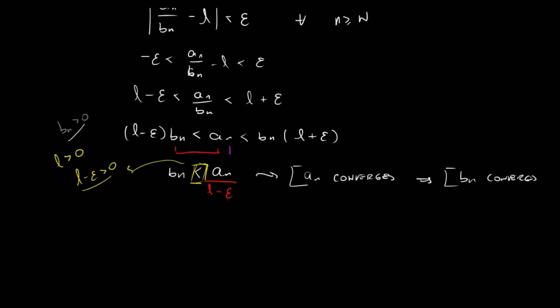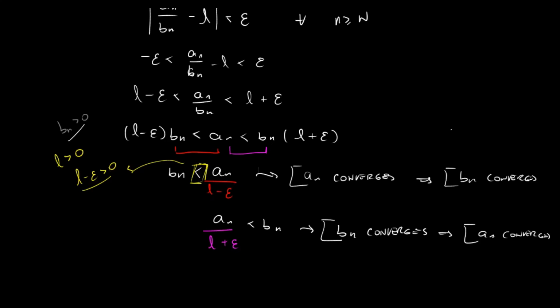And from this other inequality, a sub n divided by L plus epsilon is smaller than b sub n, and again using the comparison test, if the series of b sub n converges, then the series of a sub n converges. If you don't remember this comparison test, I recommend you check out the theorem and the proof from a previous video.